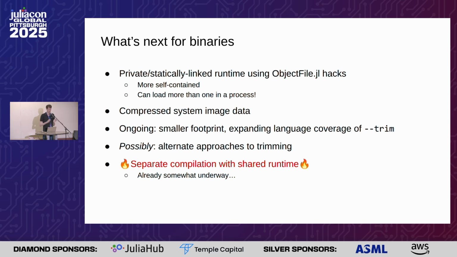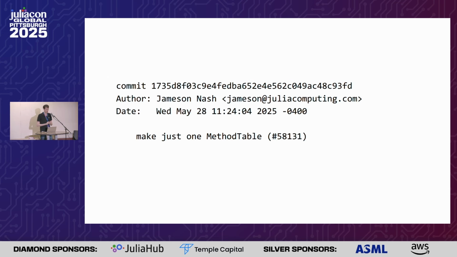And then the really big item, the one I'm excited about, is the prospect of implementing real separate compilation, where you can have separately compiled Julia code that shares a single runtime, which is better in many ways. We don't have this feature yet, of course, but it's slightly underway, because Jameson put in this very under-the-radar, inconspicuous commit that doesn't change anything user visible at all, so I don't expect anyone would have noticed. He made every method in the system now live inside a single data structure, where they used to be sharded out among types and everything.